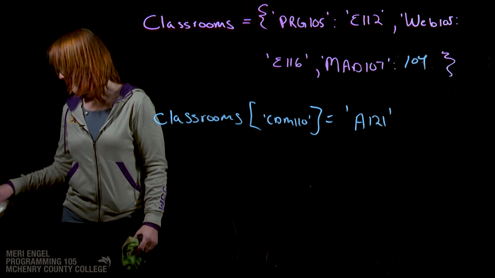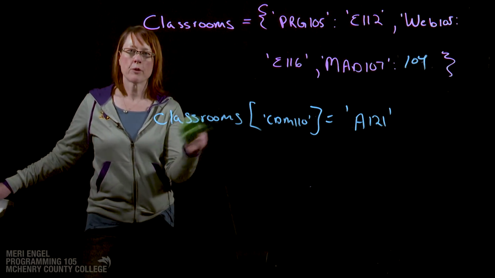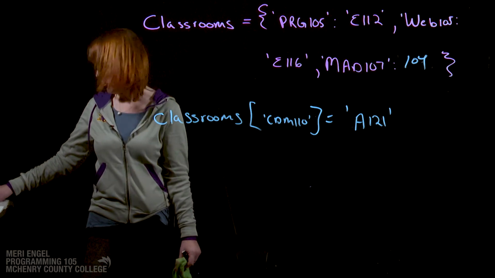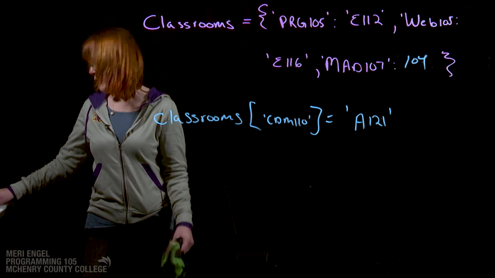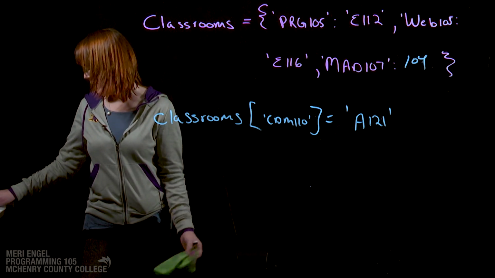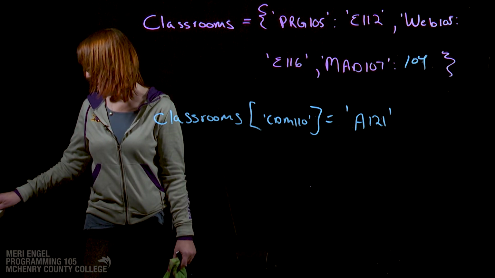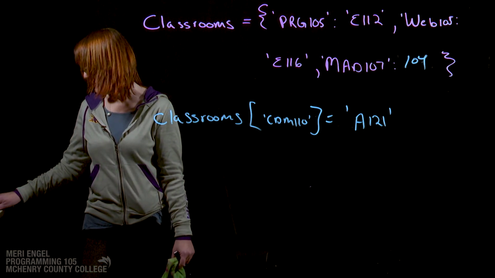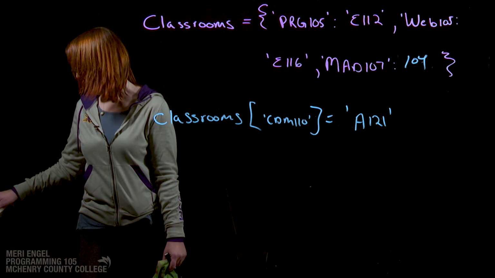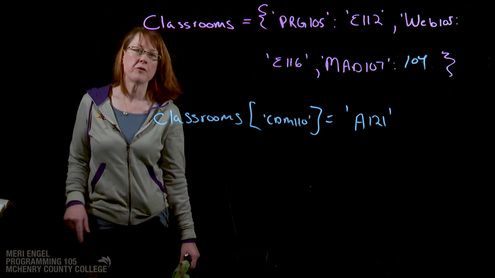There are some other dictionary methods that are very helpful. You can use clear, which will completely clear the contents of a dictionary. You can get a value associated with a specific key. You can get all of the items from a dictionary. You can pop a key, which returns the value associated with a key and then removes the key value pair.